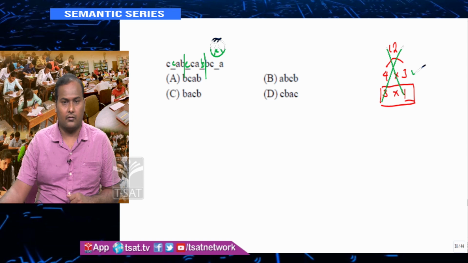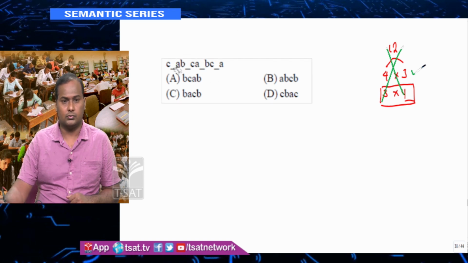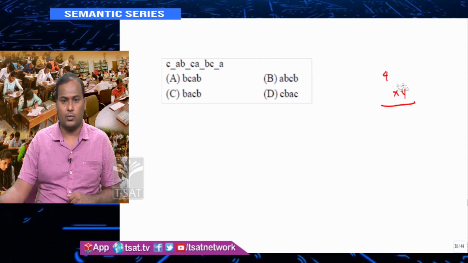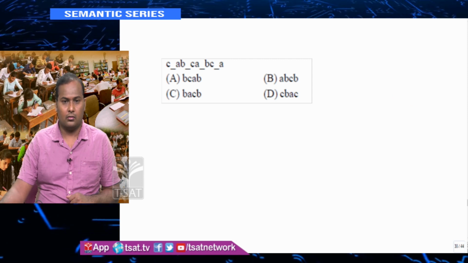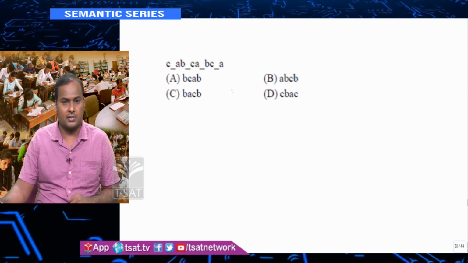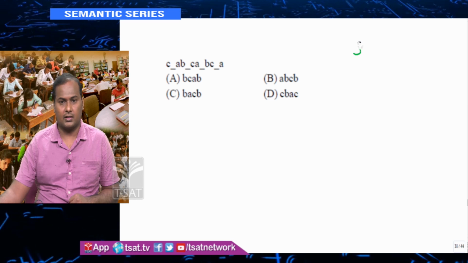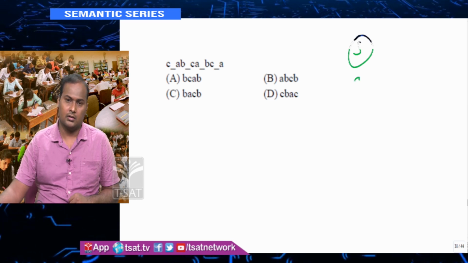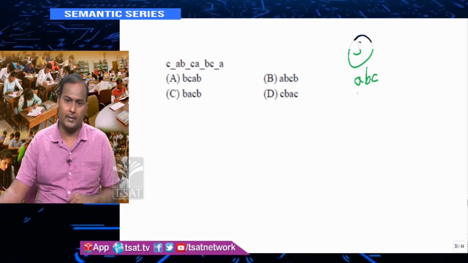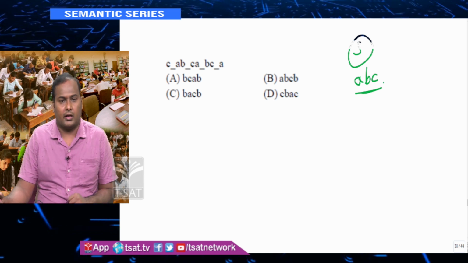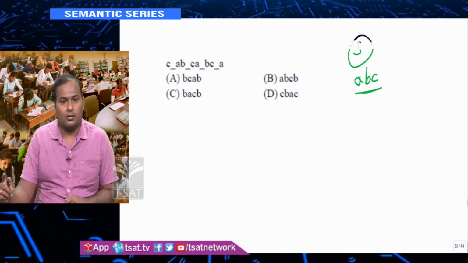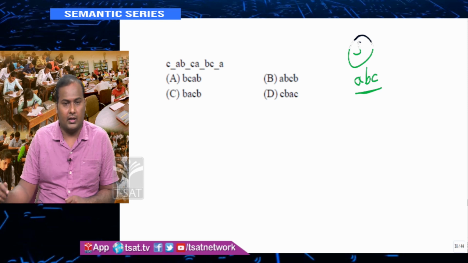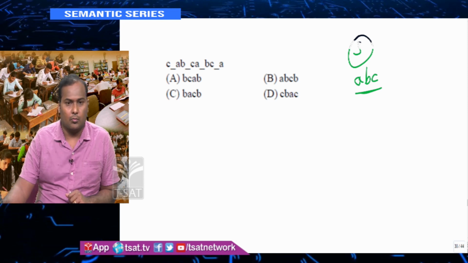When I cannot follow this particular method, what to do? If you check this particular series, I know that 3 letters are repeating. What are the 3 letters? That is A, B and C. So I will try to fill with these 3 letters in the 3 blocks.